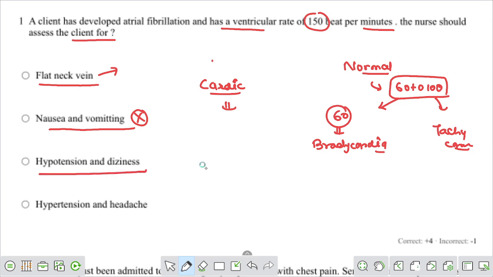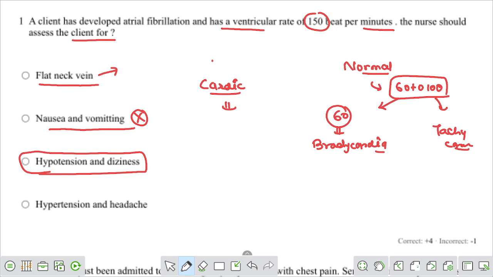Hypotension and dizziness are seen when your heart is not properly pumping the blood, meaning there is no proper cardiac output, so hypotension arises. Hypotension may lead to dizziness because proper blood is not reaching your brain.